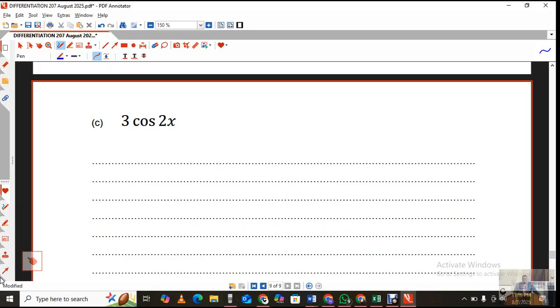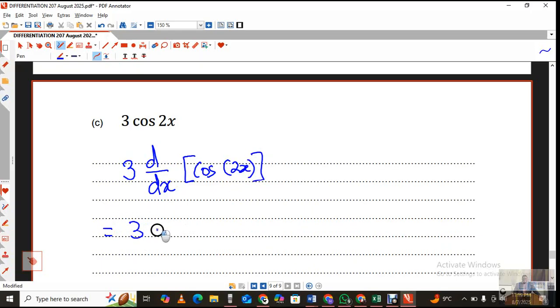So let's see what we have here. There is a constant multiple rule that I'm going to apply. That means I'm going to take out the 3, and I'm going to do the d by dx of cosine of 2x, because it's the constant multiple rule.